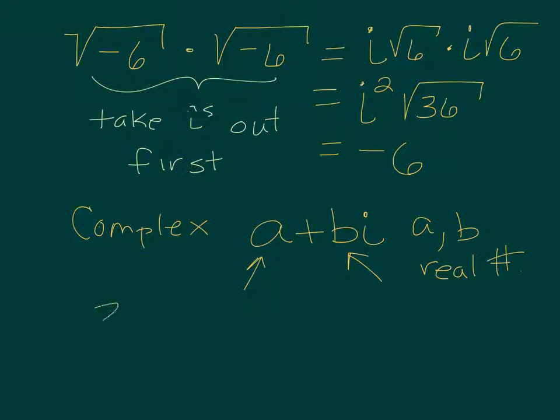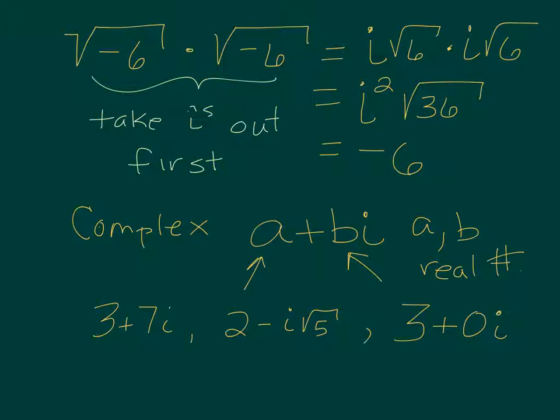So you might say 3 plus 7i, or 2 minus i radical 5. These are both complex numbers. And just as a side note, the number 3 is a complex number because it's 3 plus 0i.